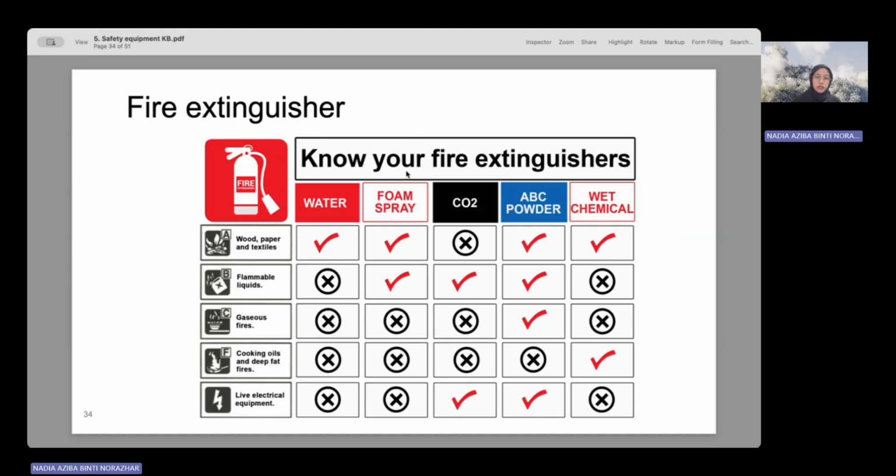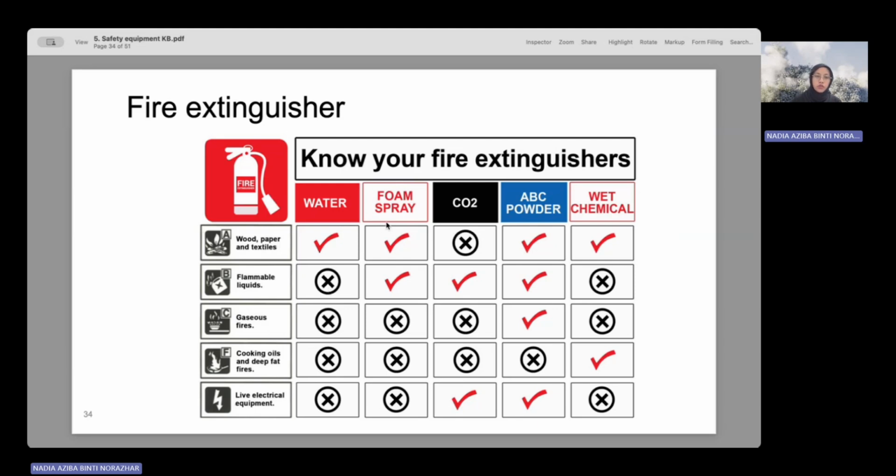Now the fire extinguisher types. The material would be water, foam spray, carbon dioxide, ABC powder, and also wet chemical. Water extinguishers can be used to put out fire caused on wood, paper, and textile, but cannot be used for flammable liquids, gaseous fire, cooking oils, and live electrical equipment.